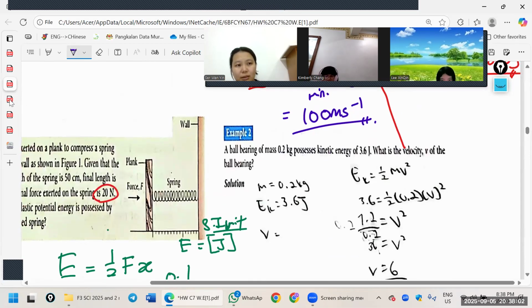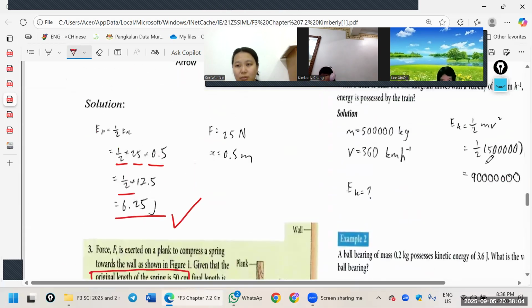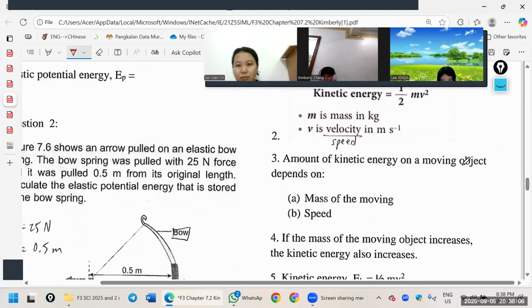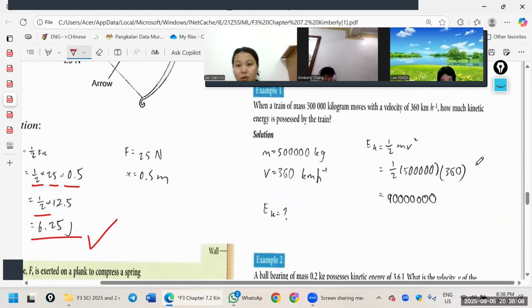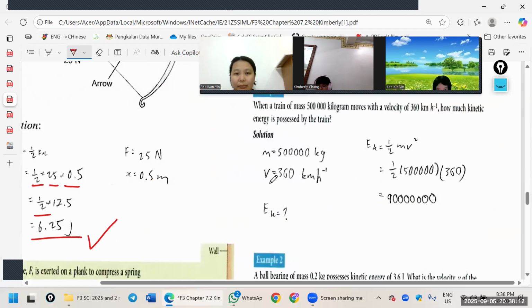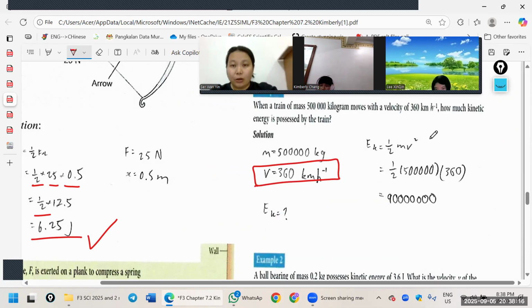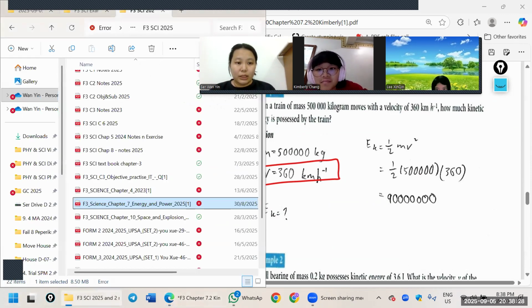Okay, so next. Oh, 你没有换。Kimberly 收回换了吗？你用什么换？你用 calculator 换还是？哦，你的 calculator 是……哦，你会换吗？Okay, never mind.